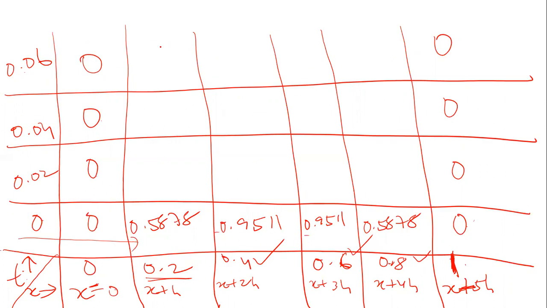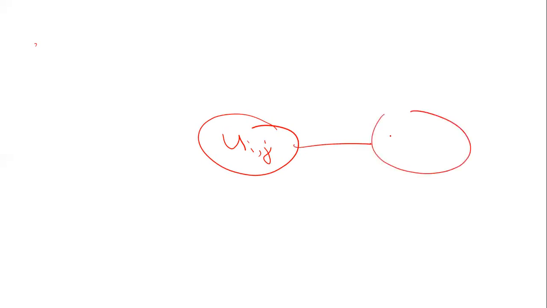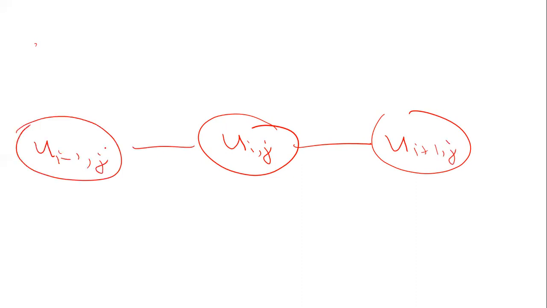Okay. So let us try to obtain this value here. In order to obtain this value, we are going to calculate it using our formula. What is that? The formula we are going to use is simply uij, this is ui plus 1j, this is ui minus 1j, and this is uij plus 1.